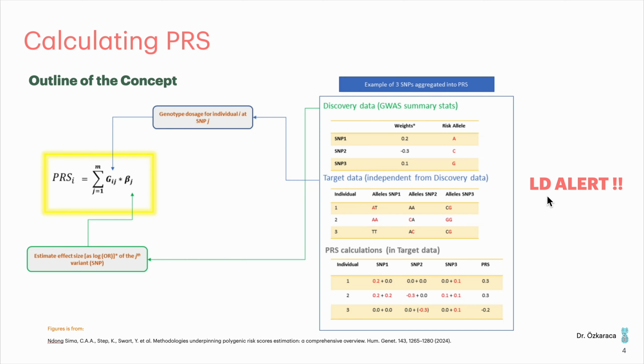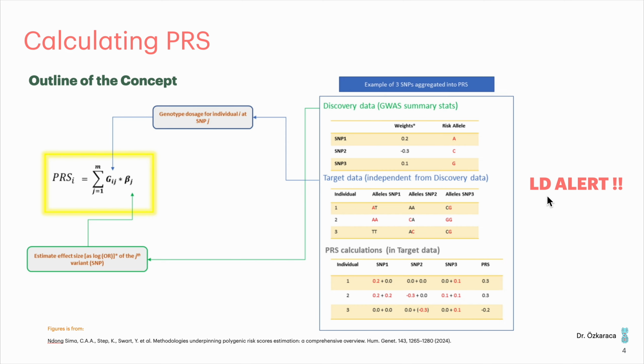Their effects are similar, and therefore you are adding similar effects over and over again. And this indicates a bias for markers that are in large LD blocks compared to the variants that do not have much LD structure with other variants.